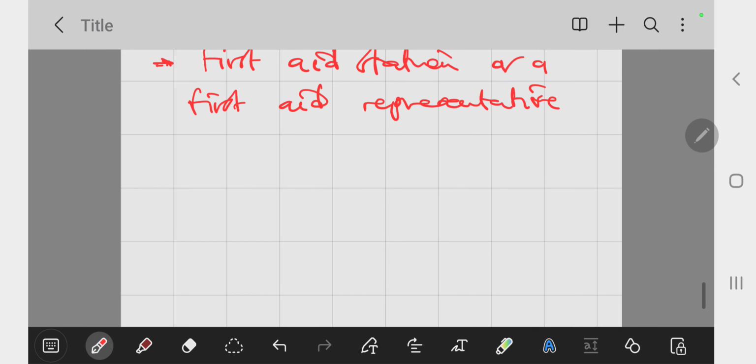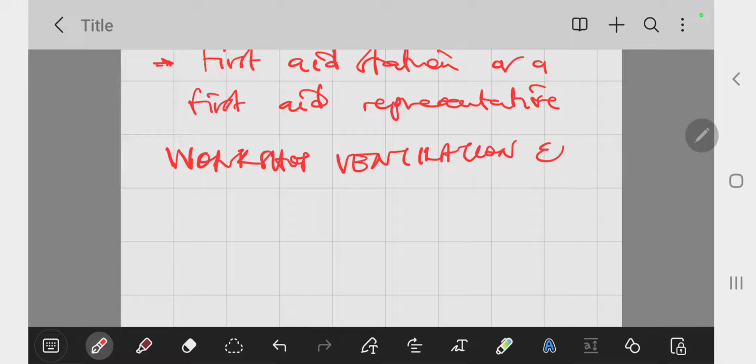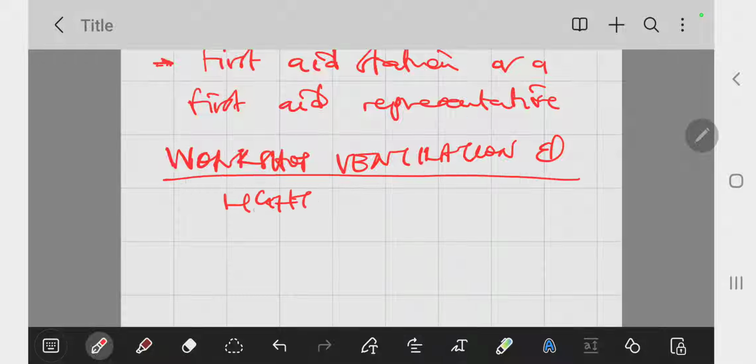Now, moving on, let's look at the importance of ventilation and lighting in a workshop. So let's just call this workshop ventilation and lighting.